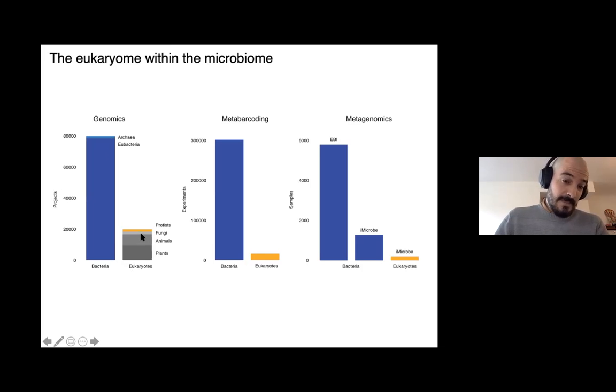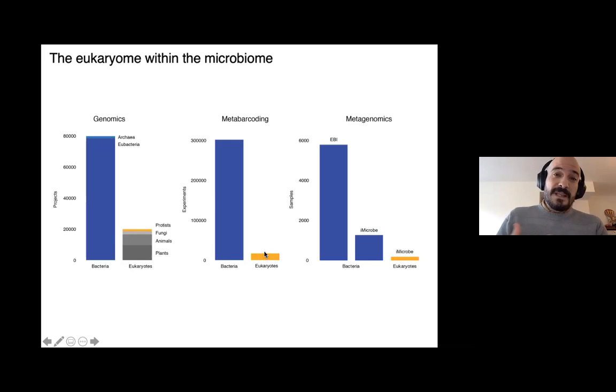And in many cases, for example here, most of the eukaryotic genomes don't belong to microeukaryotes. They belong to multicellular organisms. And with metabolic coding datasets and metagenomic datasets, not all of this eukaryotic fraction corresponds to microeukaryotes either.